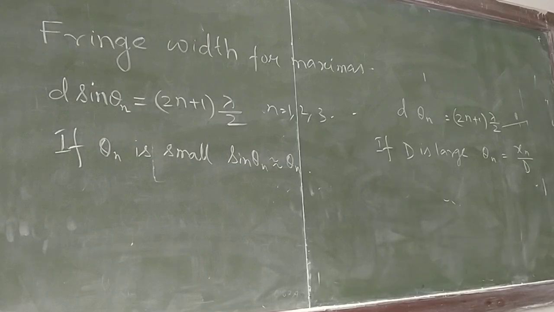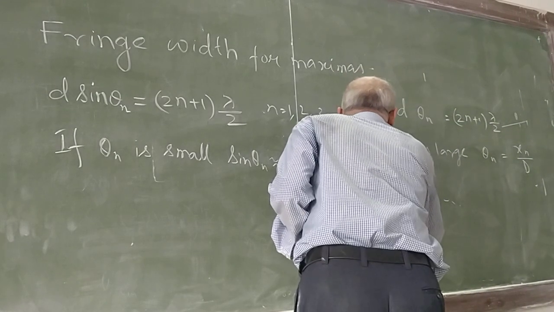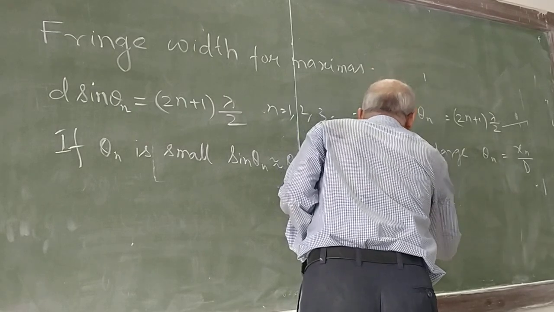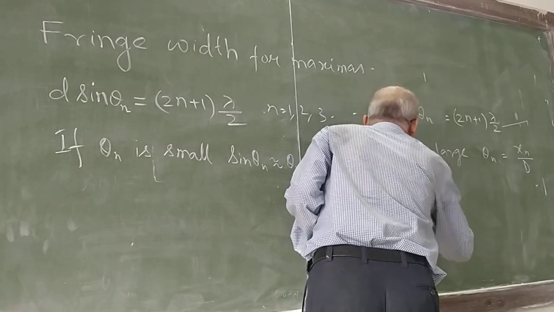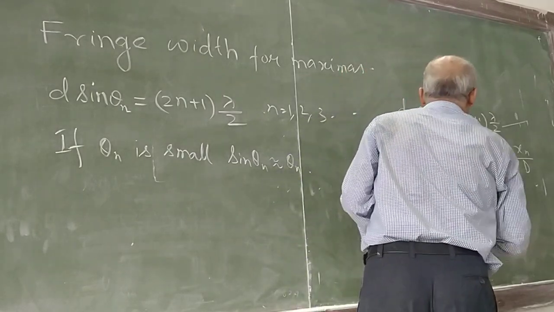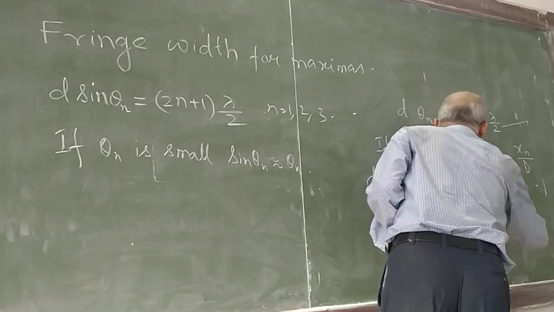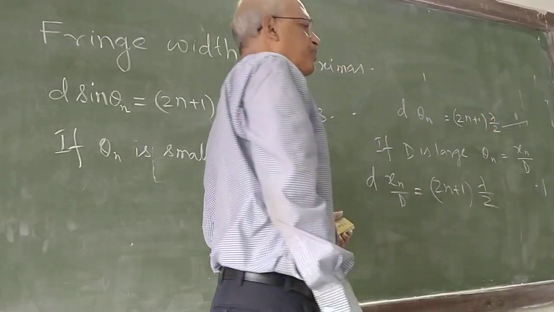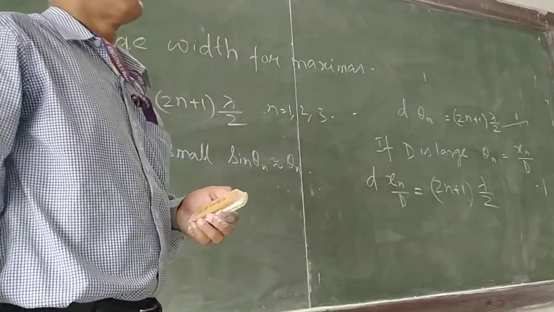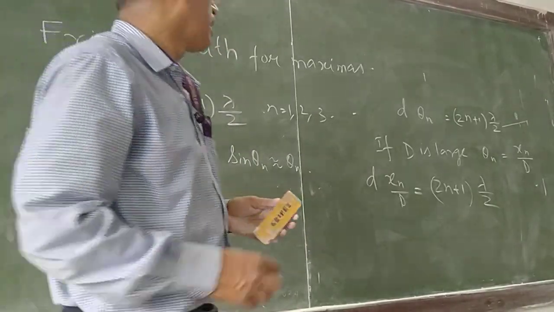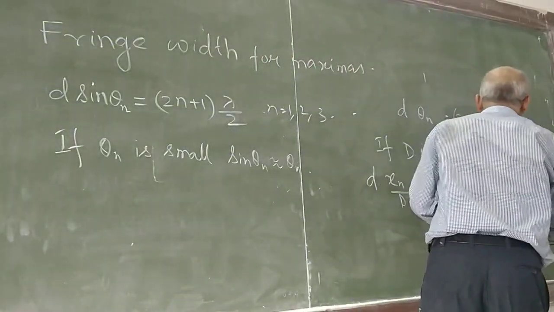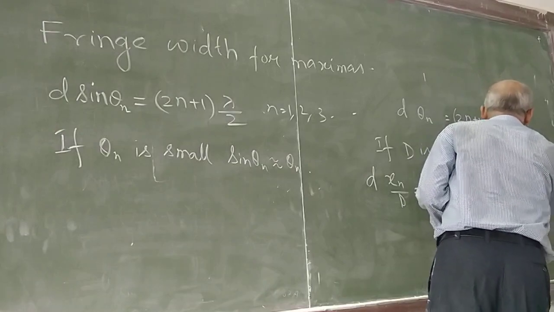So we can write d into xn by d is almost equal to 2n plus 1 lambda by 2. Not equal, almost equal.